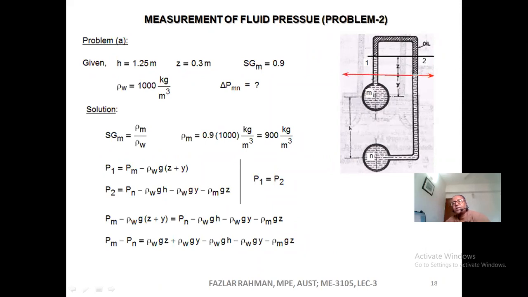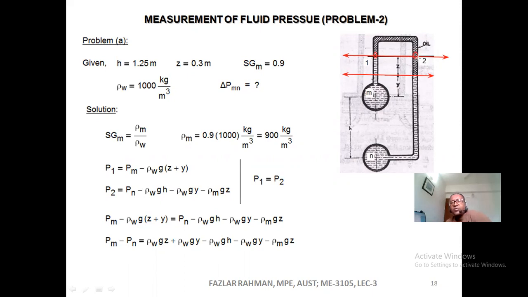You can say this is point A, this is point B, and figure out PA, PB. But I figure it out right over here through the manometric fluid. Then you figure out pressure at point 1, pressure at point 2.